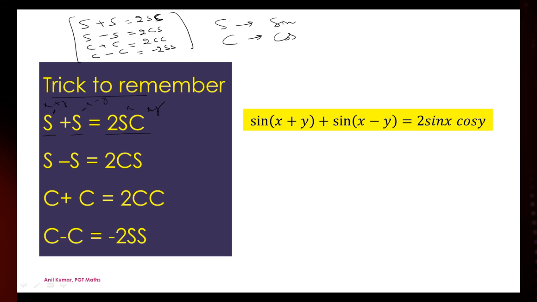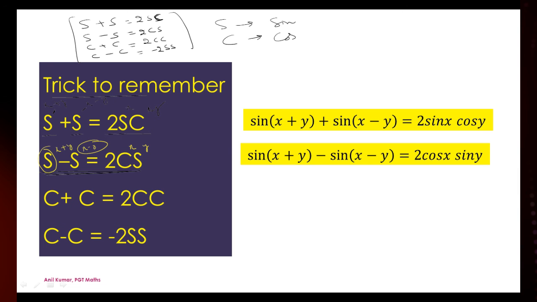So what will be second identity then? So my second identity will become sine of x plus y minus sine of x minus y is equal to 2 cos x sine y. So let's write it. Sine of x plus y minus sine x minus y is equal to 2 cos x sine y. And what will be third one?